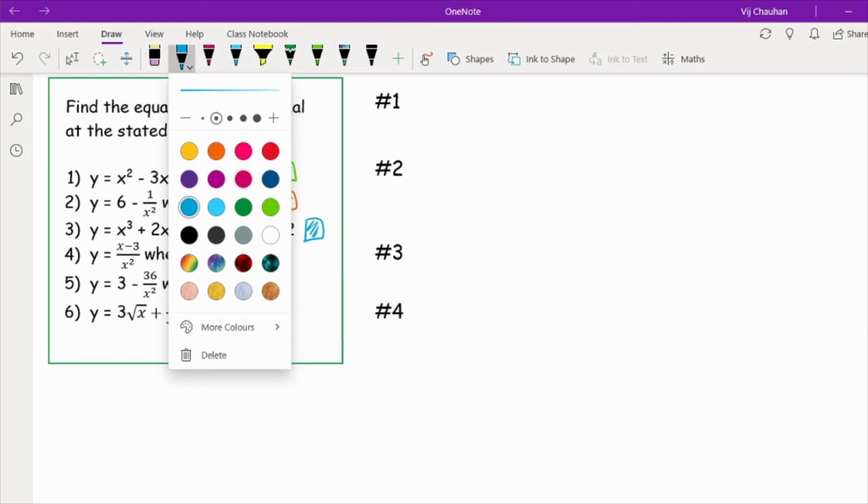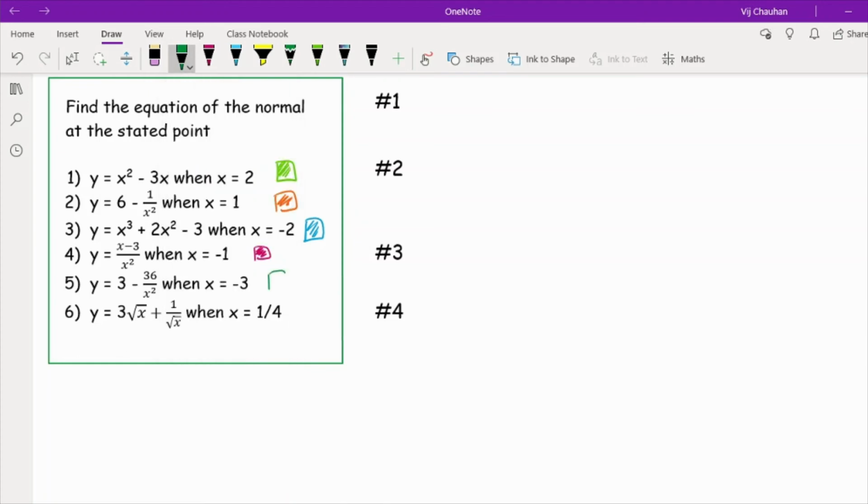Let's go for green. Let's go for a darker green this time. So with regards to question 5, I've got y equals 3 minus 36 over x squared.